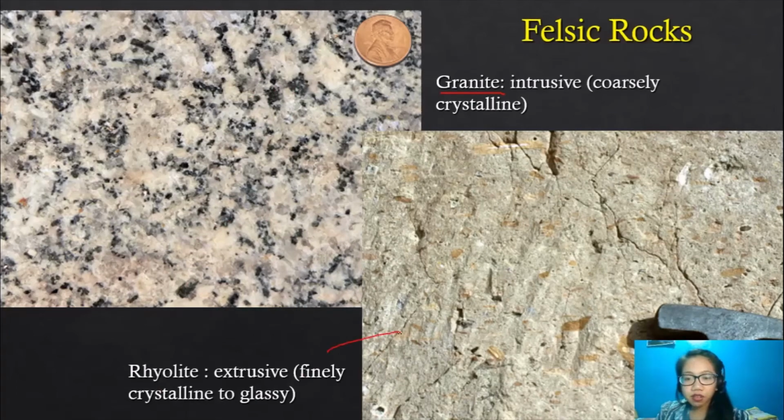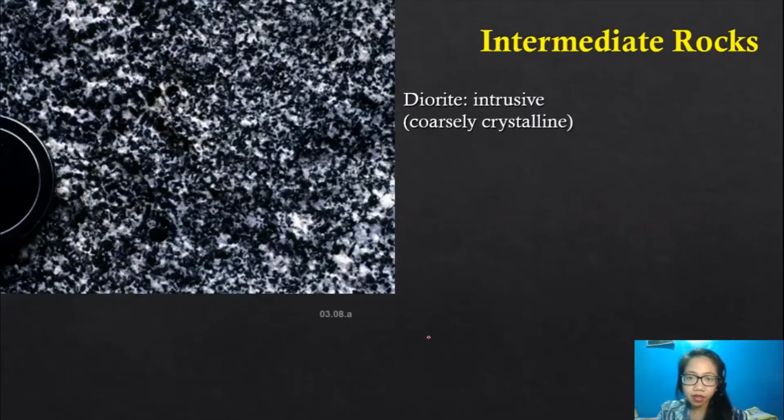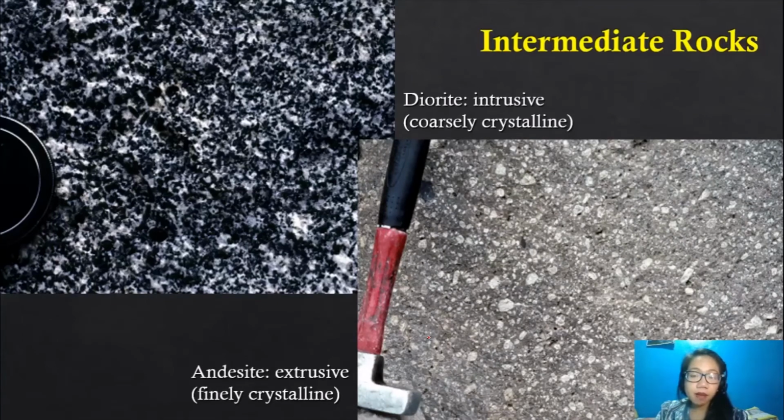In comparison, rhyolite has fine crystalline texture to glassy formation. Okay, diorite is an example of intermediate rocks, so a 50-50 combination. So here you will see that there are darker minerals within it, and then there's a combination of light colored materials.